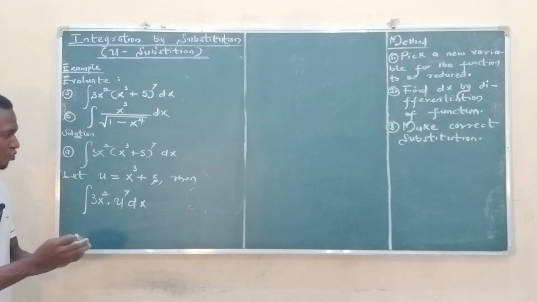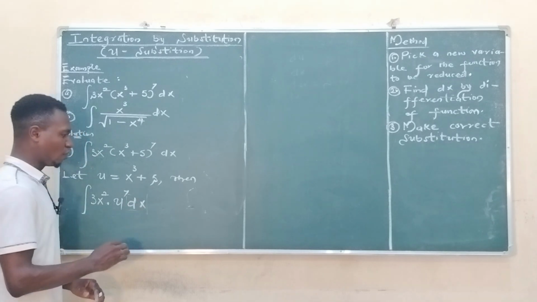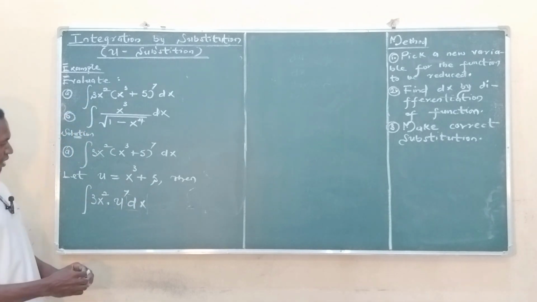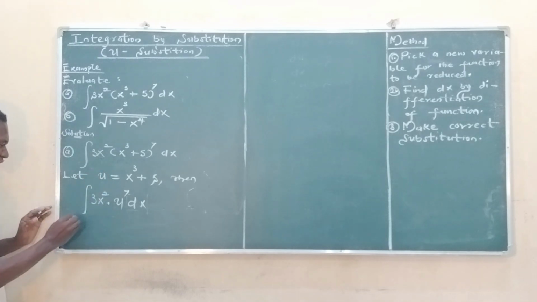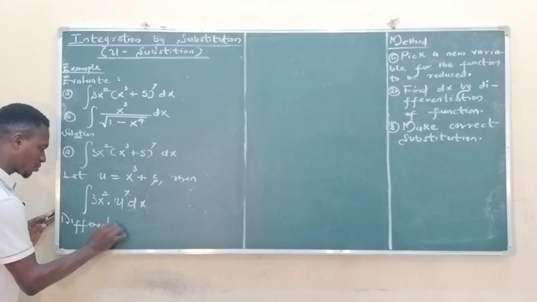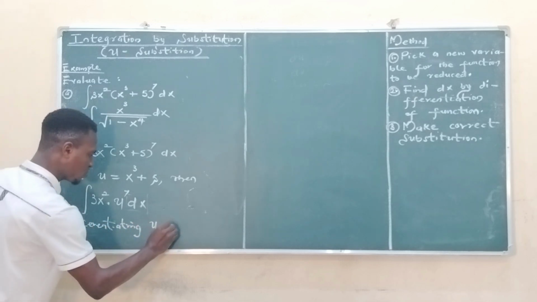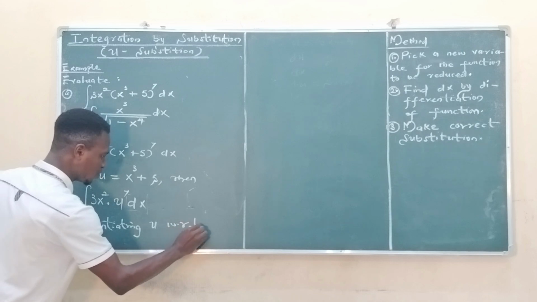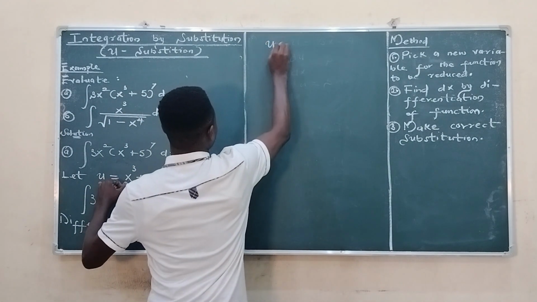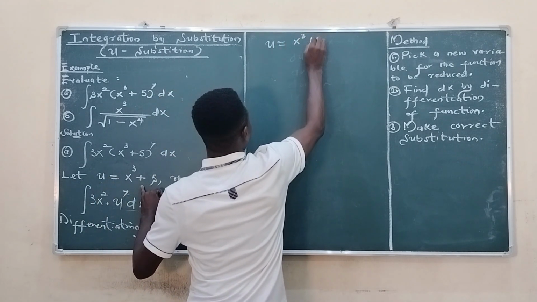So the next operation is to find what dx is by revisiting our assumed function. We differentiate u with respect to x. Our u is given by u equals x raised to the power of 3 plus 5.